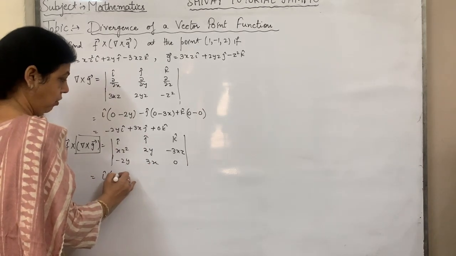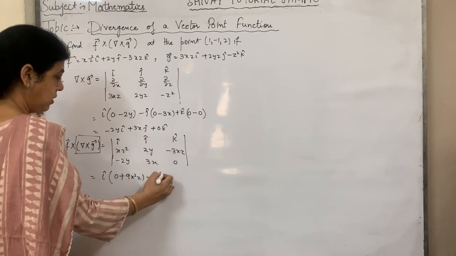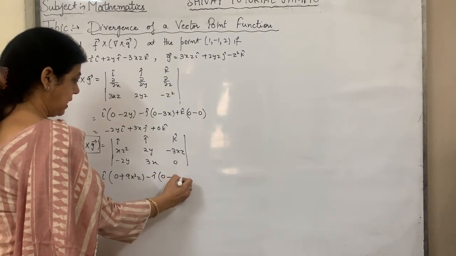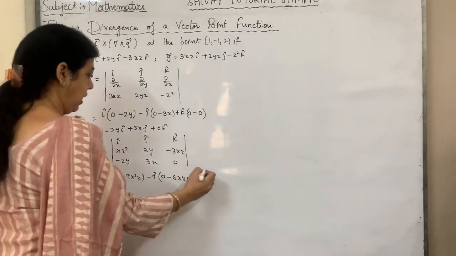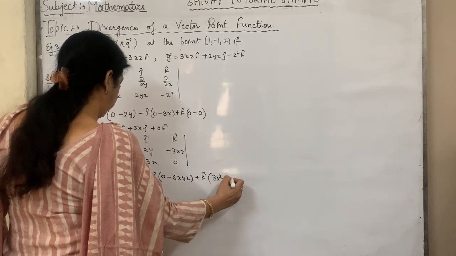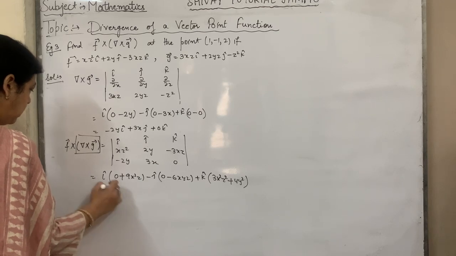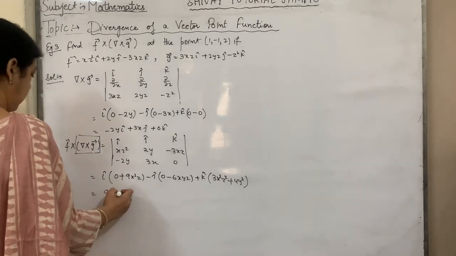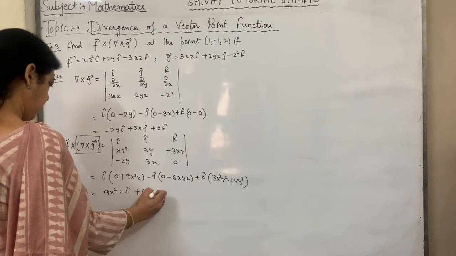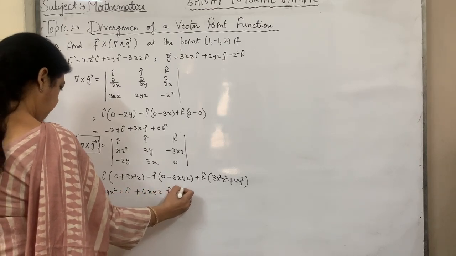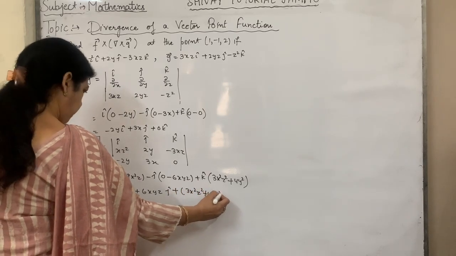It will become 0 plus 9x square z, minus j, 0 minus 6xyz, and with k, it will become 3x square z square plus 4y square. This will become f cross del cross g: 9x square z with i plus 6xyz with j plus 3x square z square plus 4y square with k.